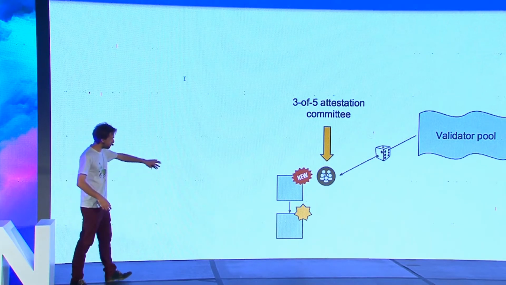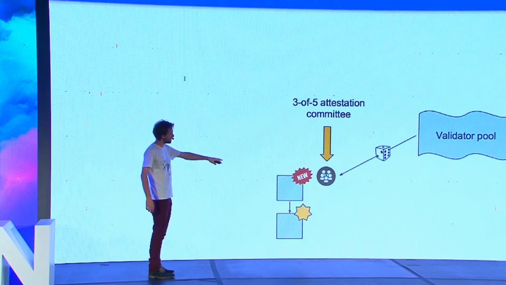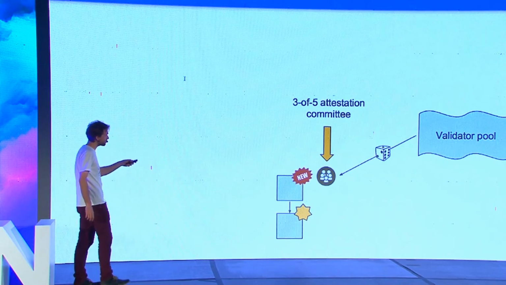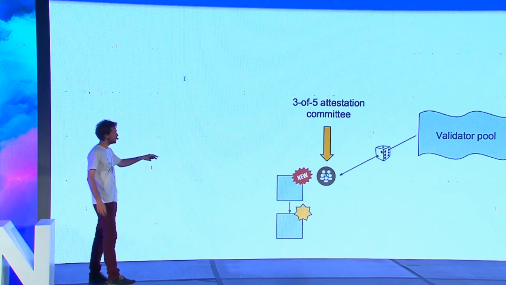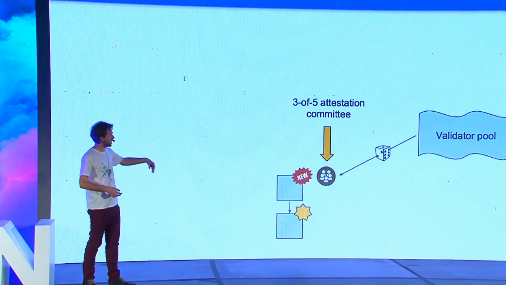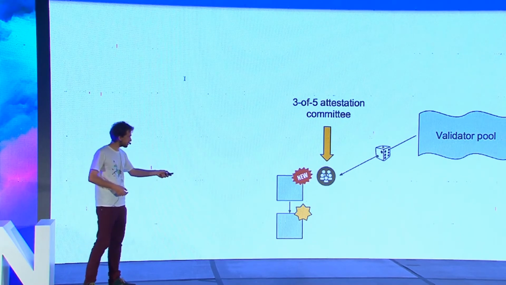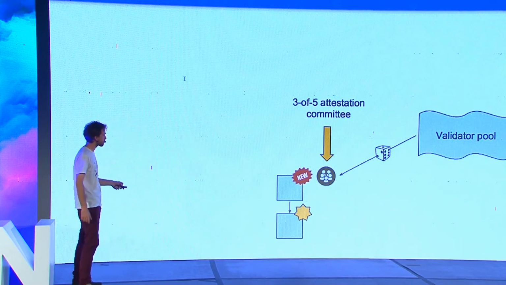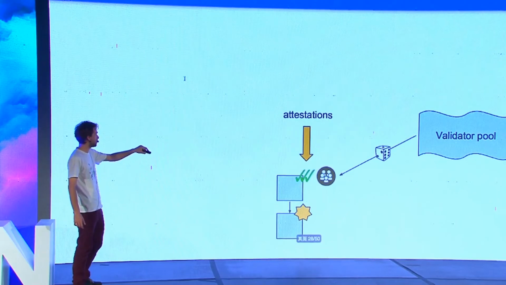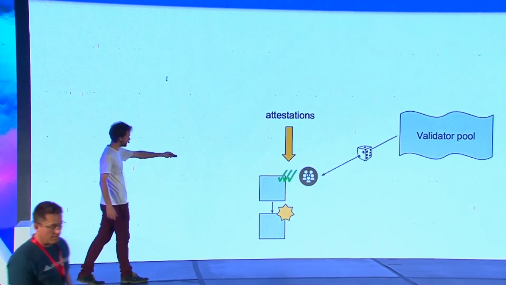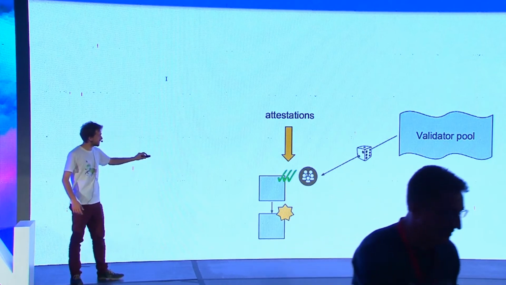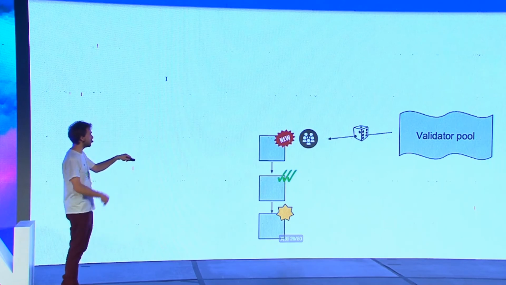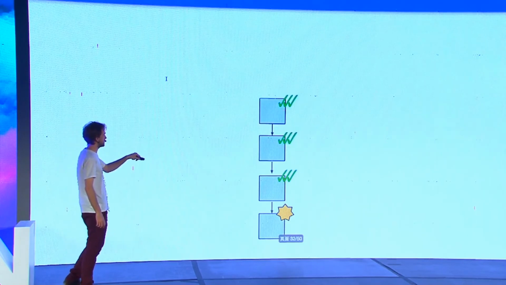So for every new block that is created, we will randomly choose a small committee of size, let's say 5, and we're going to require that 3 of the committee members, which we call attesters, need to sign off on your new proposal. And the committee is just randomly selected from the pool. And if you've got your attestations, your 3 signatures, then you're good to go, and this block is considered valid. And others can start building upon it with new proposals, etc., etc.